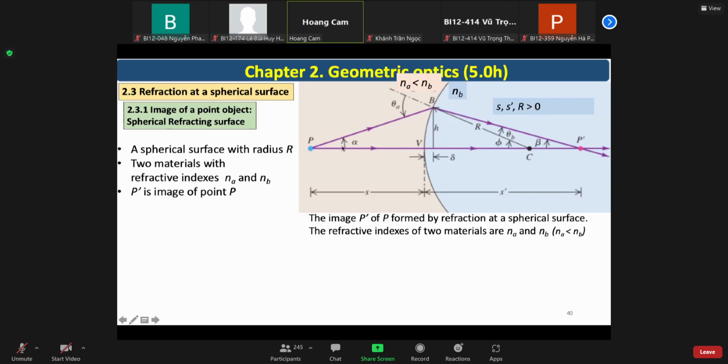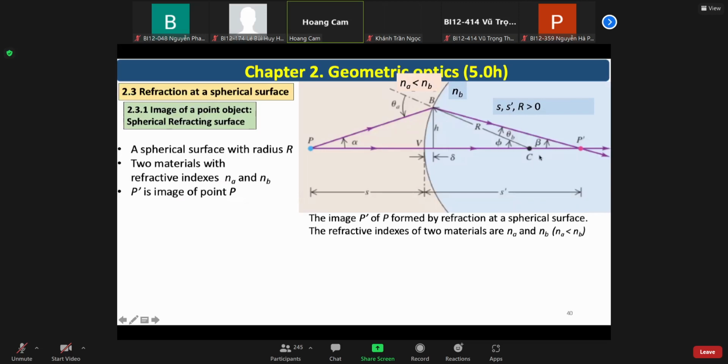The object distance is positive because the object is located on the same side as the incoming rays. For the image distance, the image is located on the same side of the refracting surface as the outgoing ray, so you have positive S prime as well.